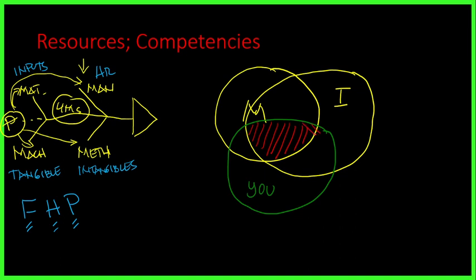Intense ang competition. Why? The industry can provide this, and you can provide this. This is what your competitors can provide but you cannot provide. This is what your competitors and you can provide but it's not needed by the market.